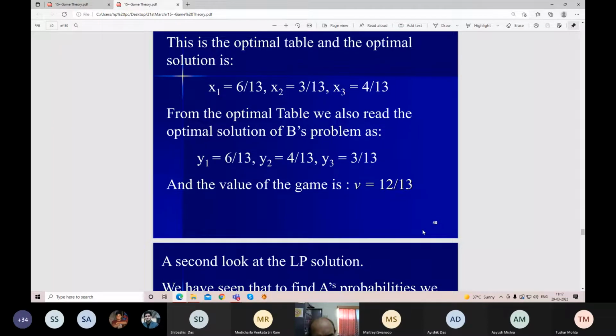That cutting plane must be included in that simplex table, and you will go for iteration. Once it is complete, again you check whether the solution is integer or not. If it is integer, you stop. If it is non-integer, again you have to add one more cutting plane. So this method must be continued till you get an optimal integer solution.